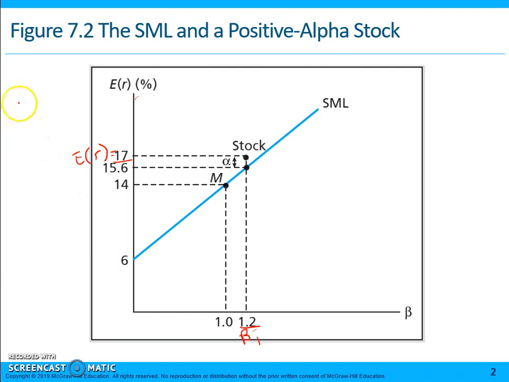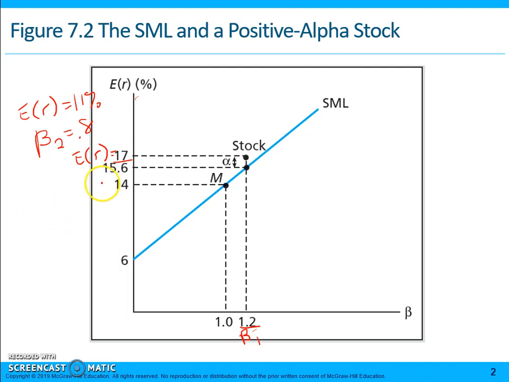And we're going to create a second stock with an expected return of 11% and then a beta, we'll call this beta 2, of 0.8. So we can use this information to do some calculations.